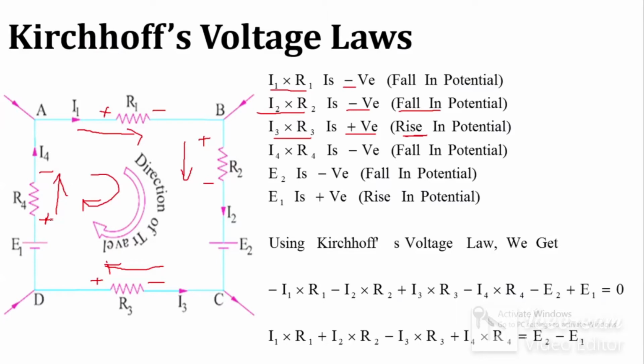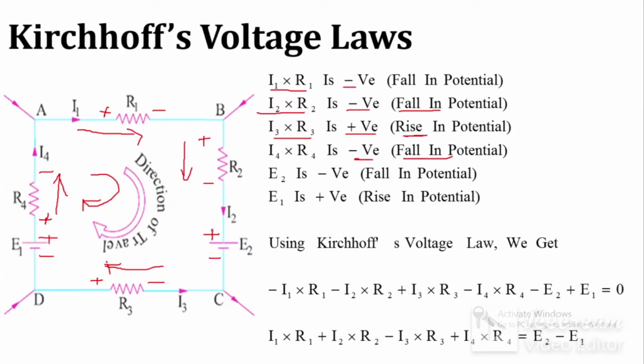Now for R4, I4 flows from plus to minus, so it is always negative and taken as a fall in potential. So I4 R4 is negative and it is a fall in potential. Now for E2, we know that in a battery there is a fixed plus and minus.